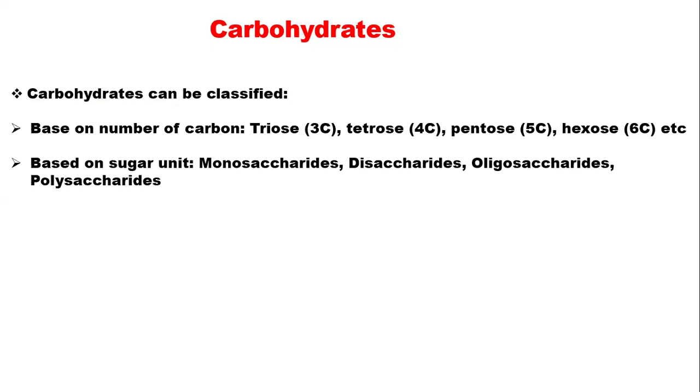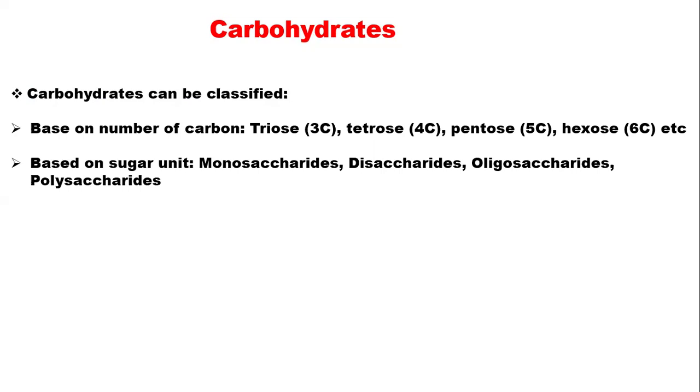Disaccharides consist of 2 sugar units, 2 monomeric units condensed together to form disaccharides. Here we can have lactose, which is glucose and galactose that condense to form it. We have maltose, which is 2 molecules of glucose that condense to form it. So we have oligosaccharides, which contain less than 10 sugar units, and we can have polysaccharides, which are actually polymers of monomeric units, polymers of glucose, and so on and so forth.